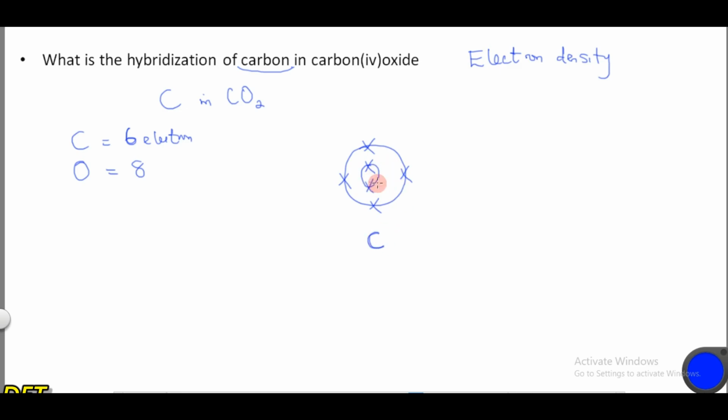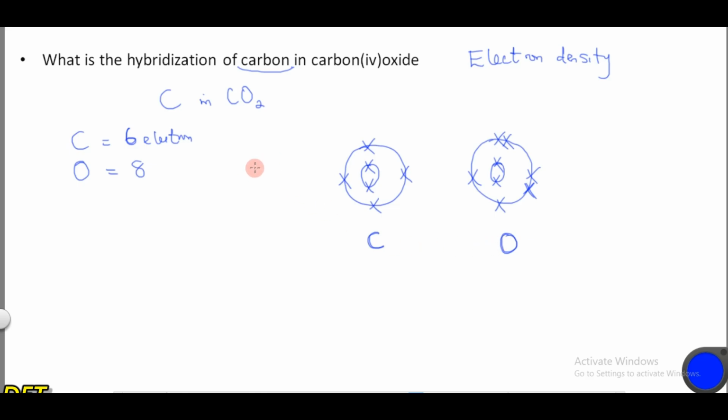This is a carbon atom. Then oxygen has 8 electrons. So the first shell will take a maximum of 2 electrons. Then we have the next shell. So 1, 2, 3, 4, 5, 6, 7, 8, right? So this is oxygen.